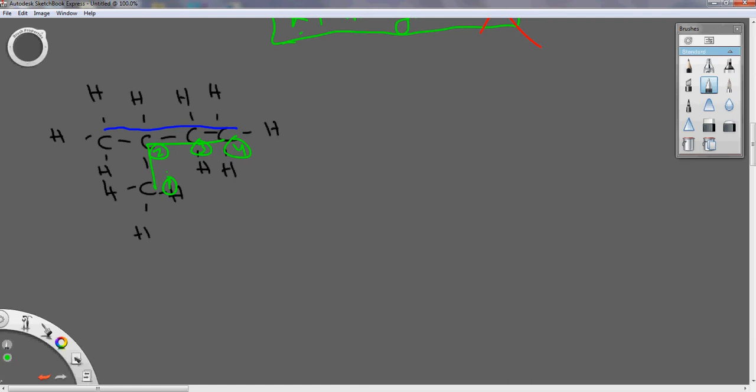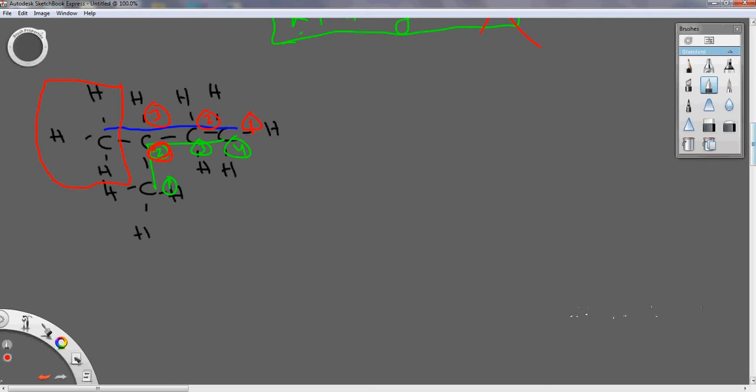Alright, so do you guys remember why I didn't count from right to left? I know I've always been counting from left to right, but in this case I did it to make sure I gave my branch the smallest number. If we had counted from the right, we would see that it would be called 3-methylbutane instead of 2-methylbutane, which is what we want.